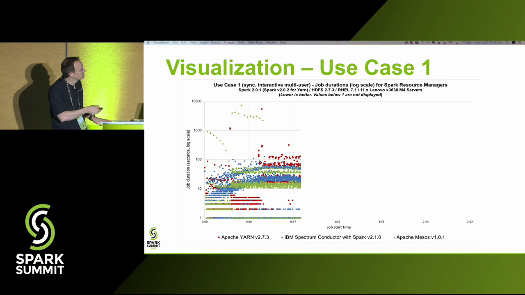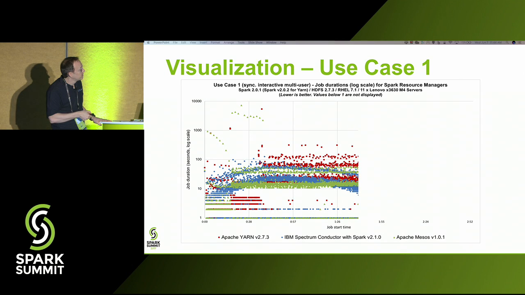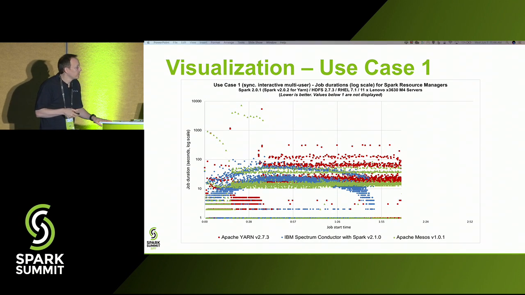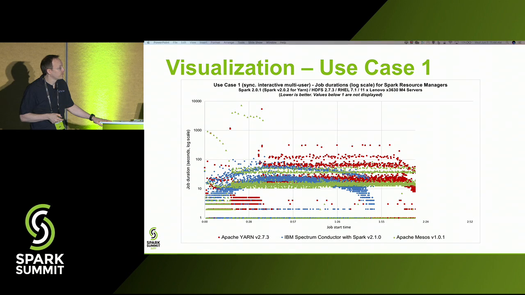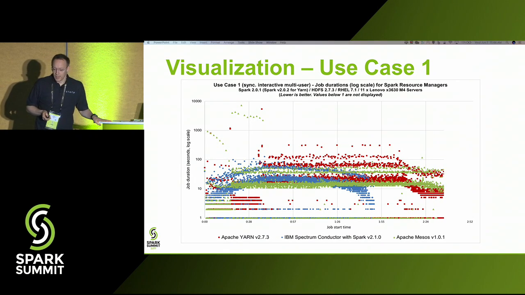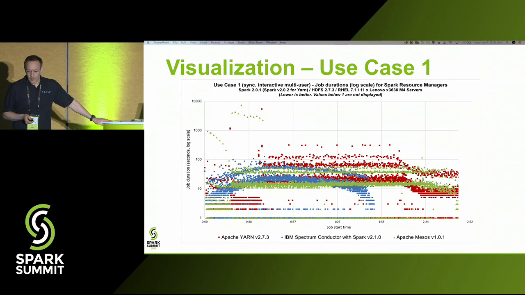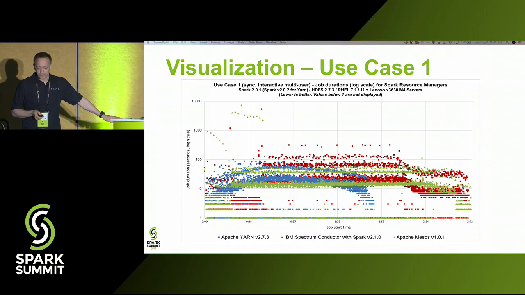But Yarn now is experiencing some outliers, and they're racing along, and Conductor's been fairly consistent here, with a few small outliers, but now Conductor is done. And Yarn and Mesos are headed for a photo finish. And finally, after almost 3 hours, we're done with all three platforms.